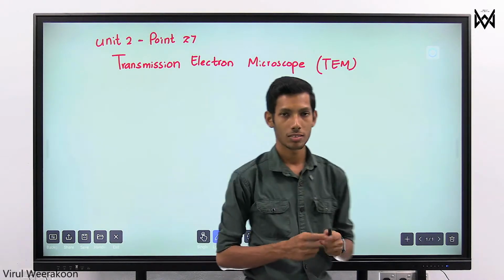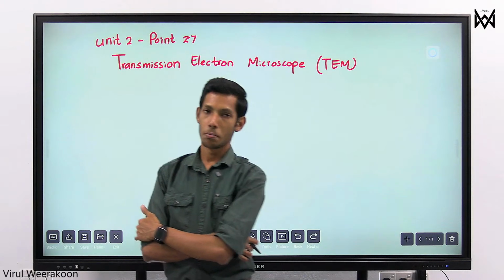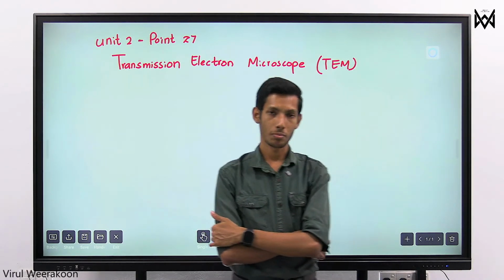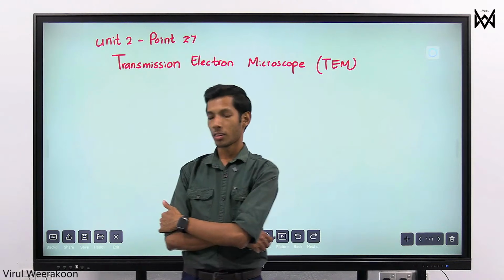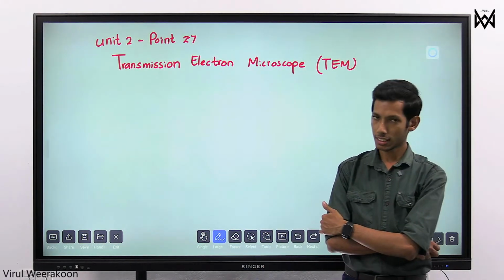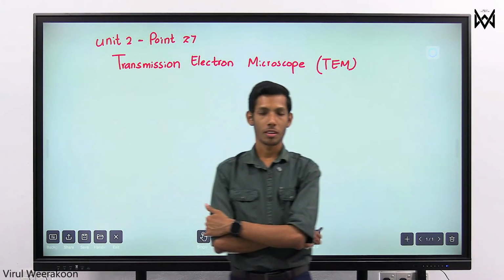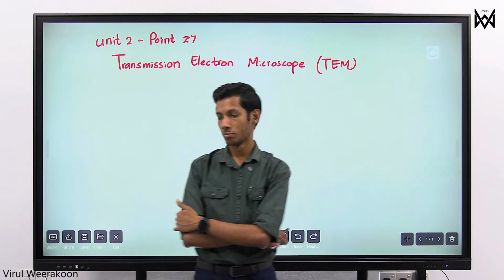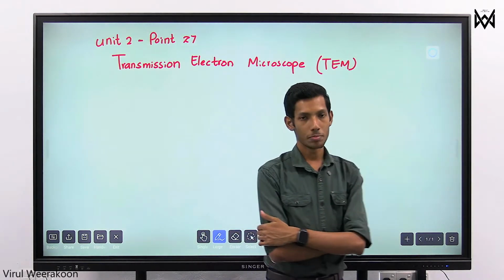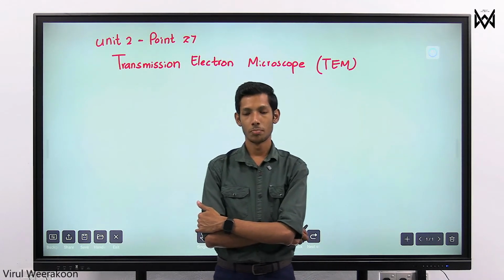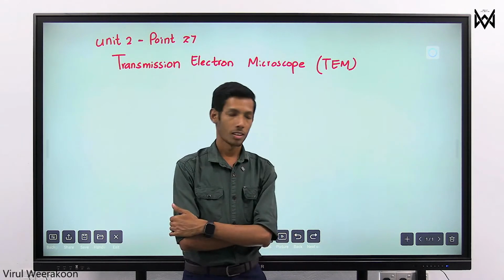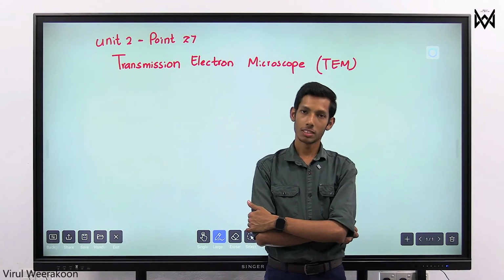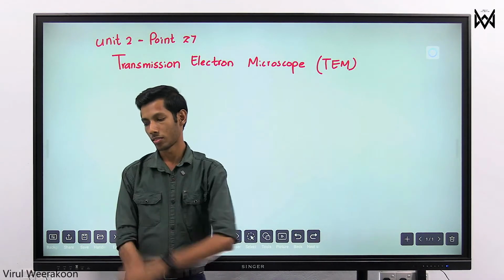Next point, write down. While electrons pass through the specimen, more electrons may get displayed in regions where structures were densely stained, right?